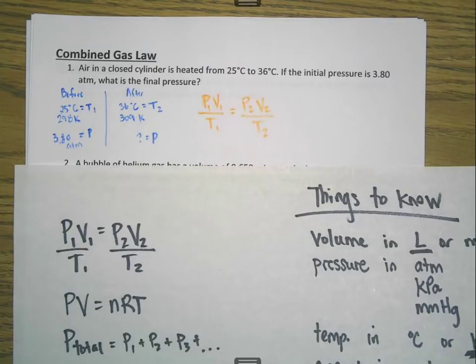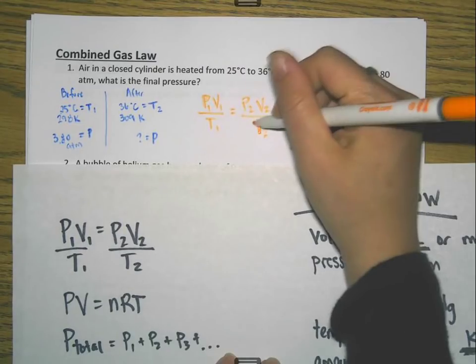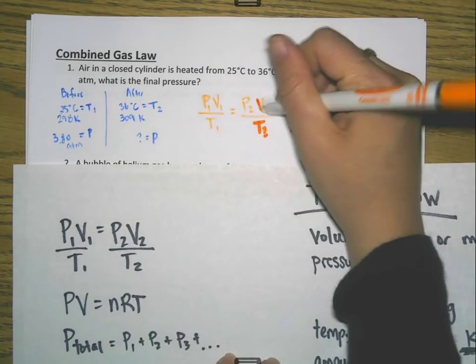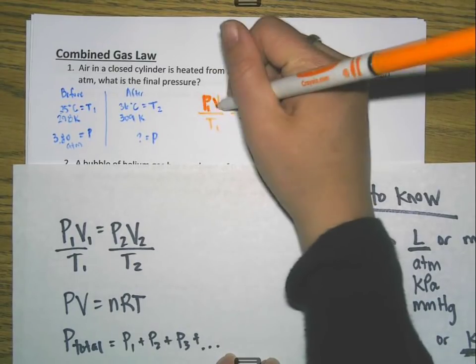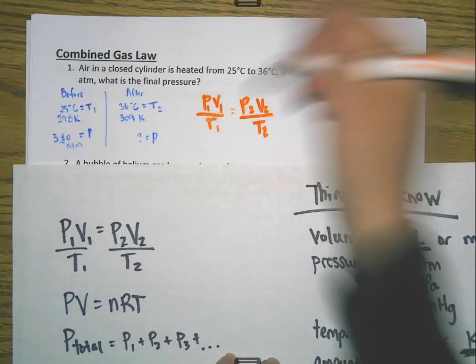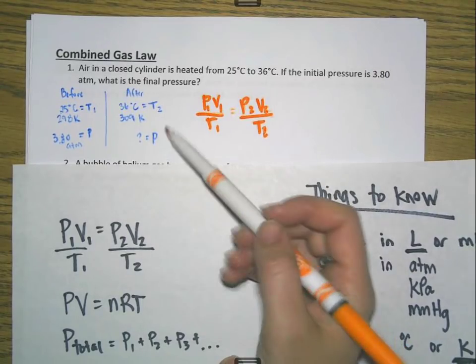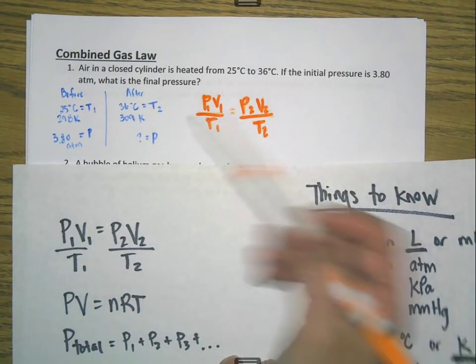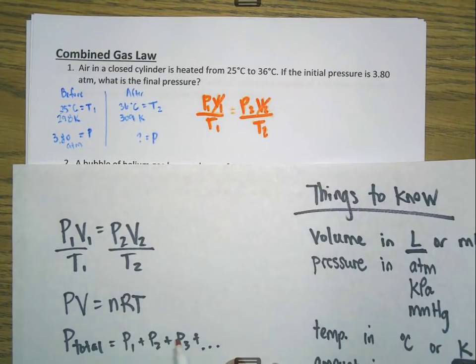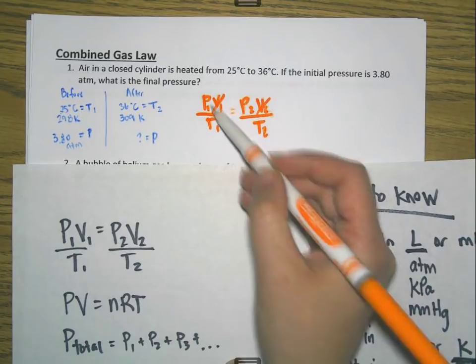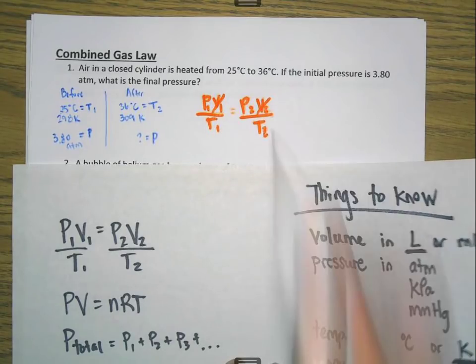If I look at my list over here to the left, I don't have any V's. Well, what we're going to assume is that the volume stays the same, and so we're going to take the volume out of this. So basically I'm working P1 over T1 equals P2 over T2.